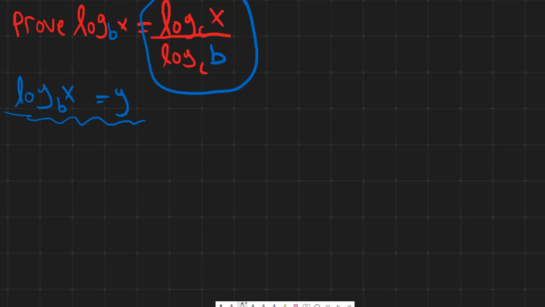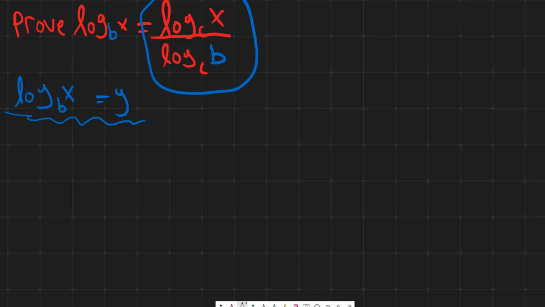So here's the non-intuitive part, or a very intuitive part. When you're looking at this, what it's really saying is that x is equal to b raised to the y power.